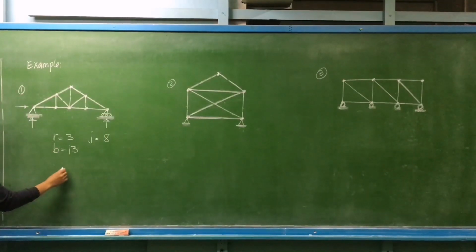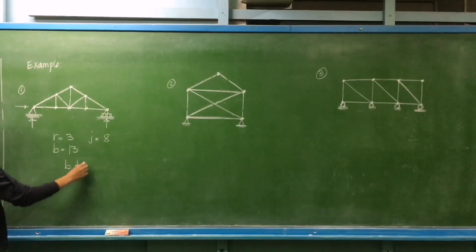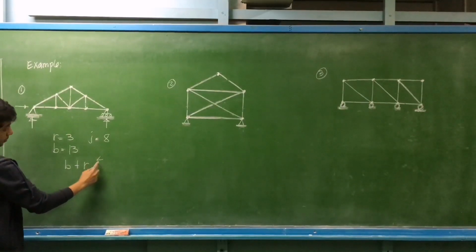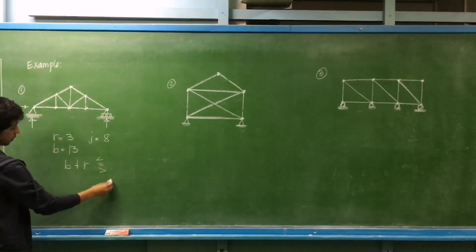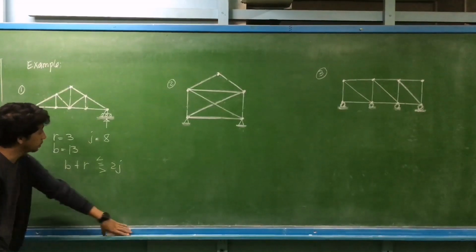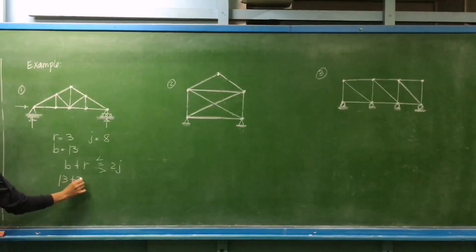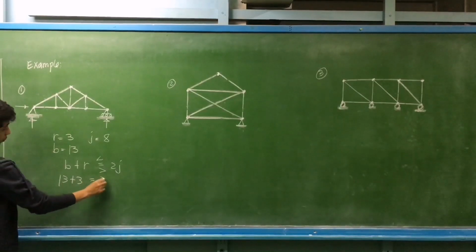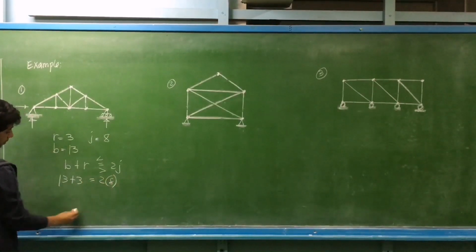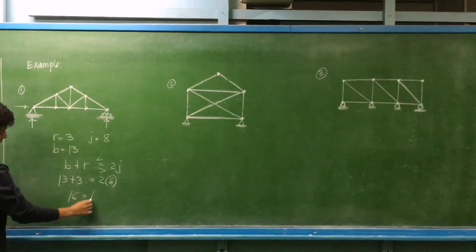So all we have to do is determine whether the number of bars plus the number of reactions is less than, equal to, or greater than twice the number of joints. We have 13 bars plus 3, which is equal to twice 8. So 16 is equal to 16.